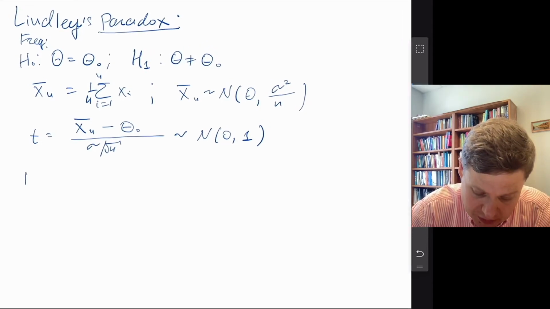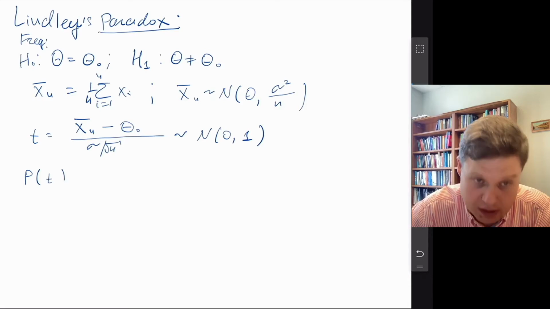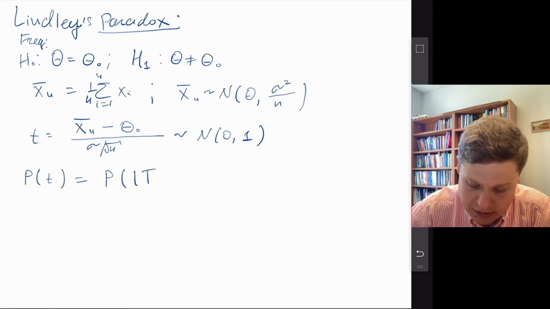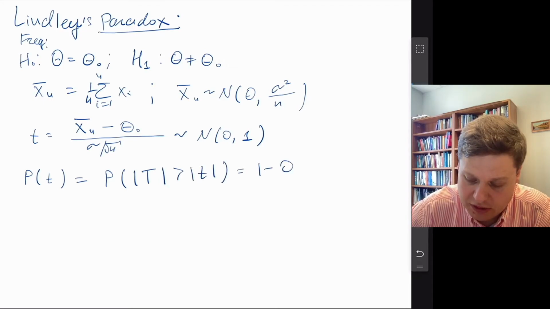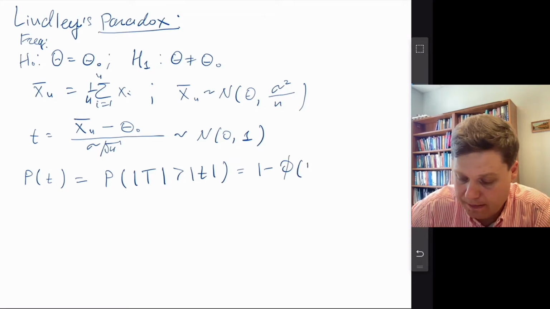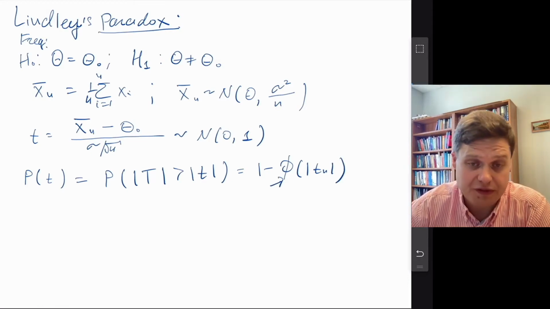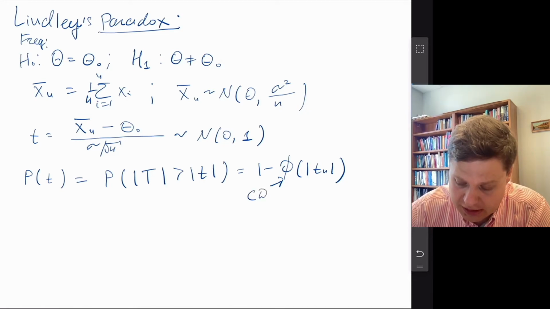The p-value given this statistic t equals the probability that capital T is greater than the small t that we calculated, and it's just 1 minus phi of t, where phi is the CDF of the standard normal.